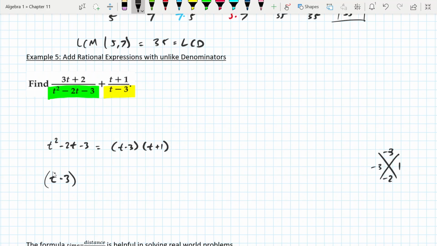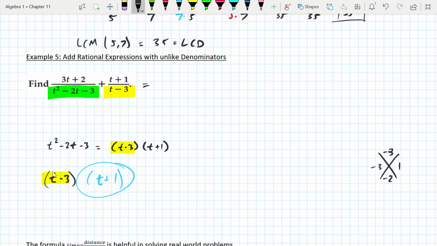Now, if we take a look here, what's missing? The t minus 3 is in both denominators, so we're good. But the second denominator needs a t plus 1 term. So it just would be like it needs the 5. I need to have the 5 to multiply by the 7 to get the 35. That t plus 1 that I'm missing is what I need to multiply by.